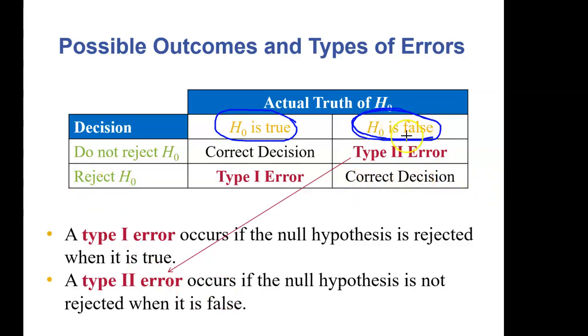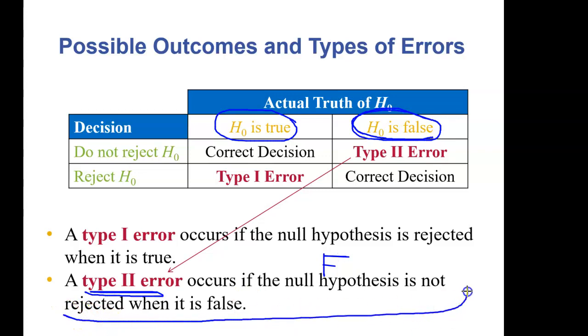But when your null hypothesis is false and you do not reject it, that's your type 2 error. So type 2 error occurs when null hypothesis is false and you do not reject it.